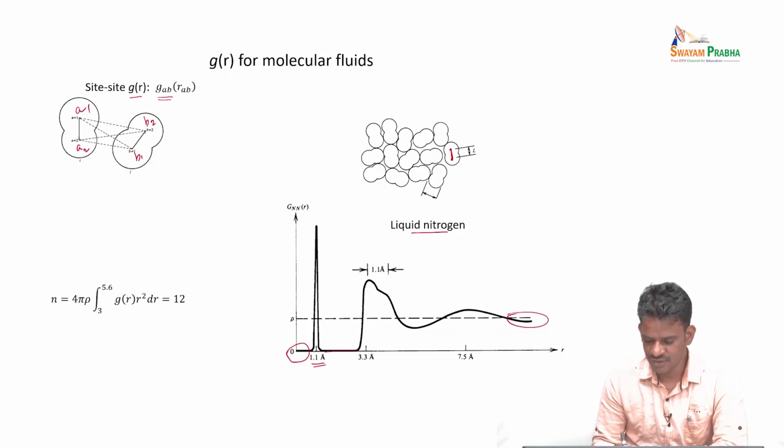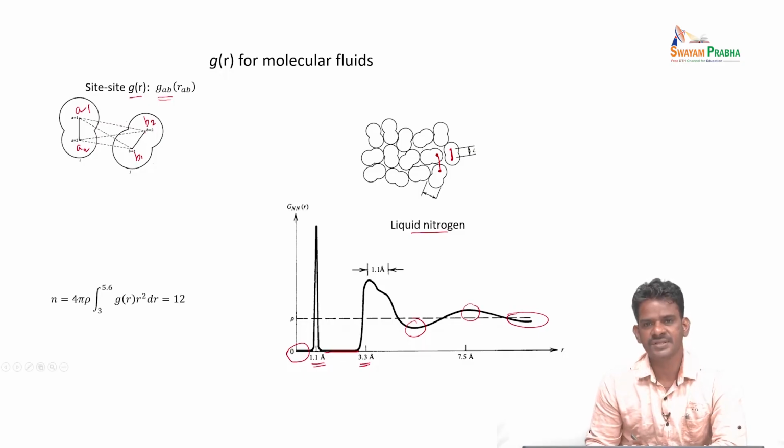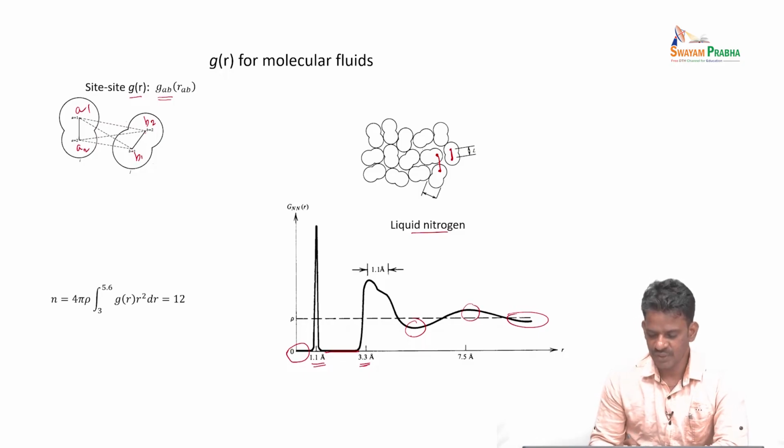After that, it's 0 because of excluded volume. Then the second peak occurs at about 3.3, which refers to the van der Waals radii between the nitrogen. Again you can see a depletion because of excluded volume, and another peak for the second nearest neighbor, etc.